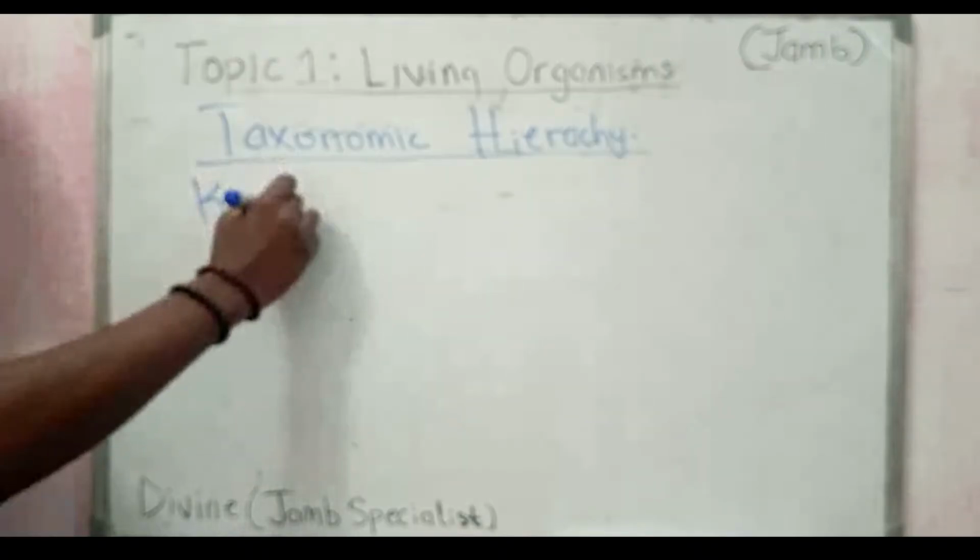So let's talk about it. Taxonomic hierarchy. The first we have is kingdom. After kingdom, we have what?